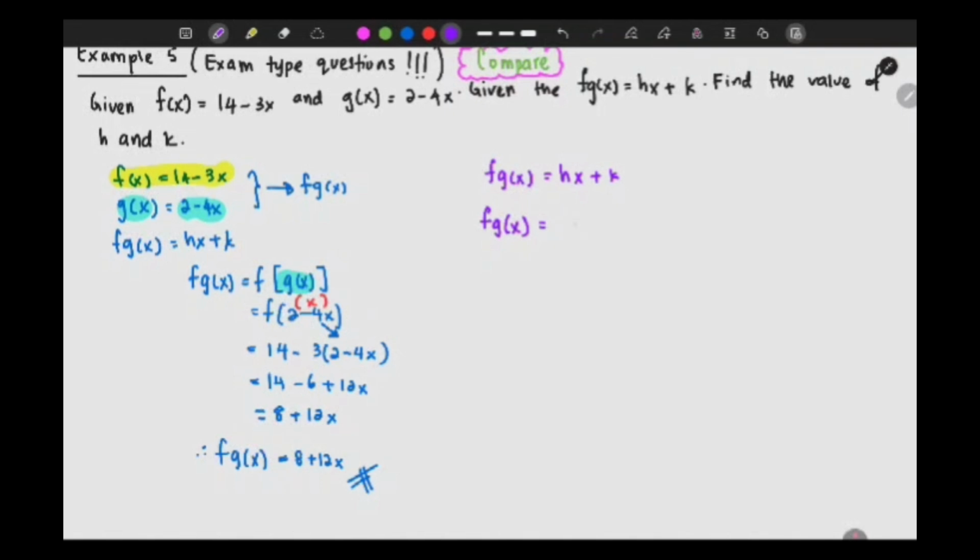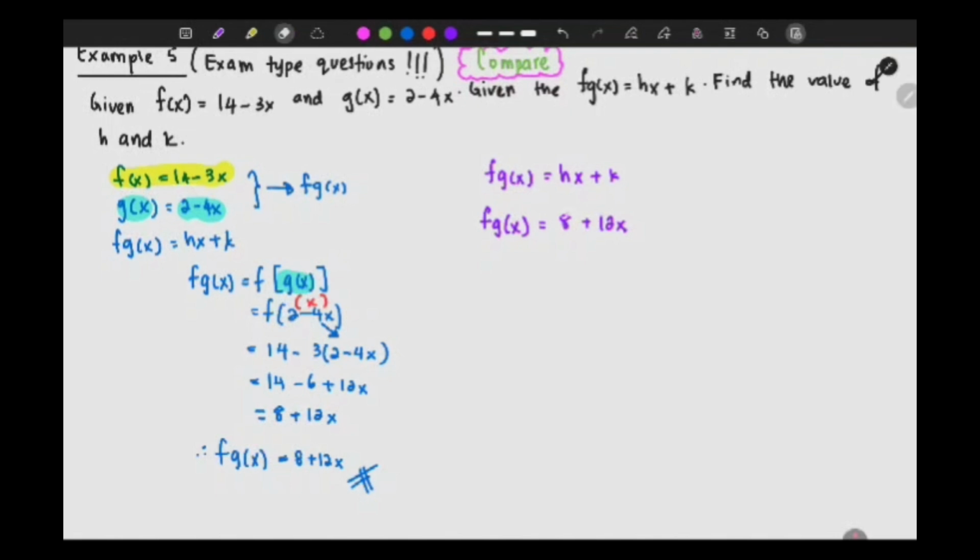And here comes your additional step, which is actually comparing. Oh, but before comparing, it will look better for you to understand if I write 12x plus 8.